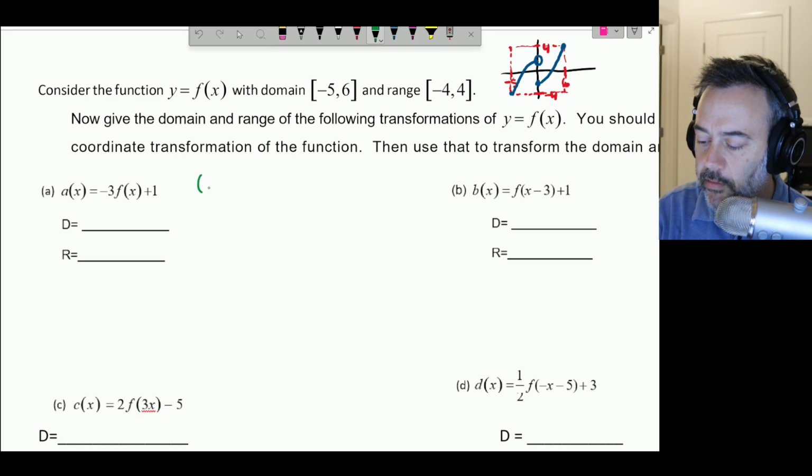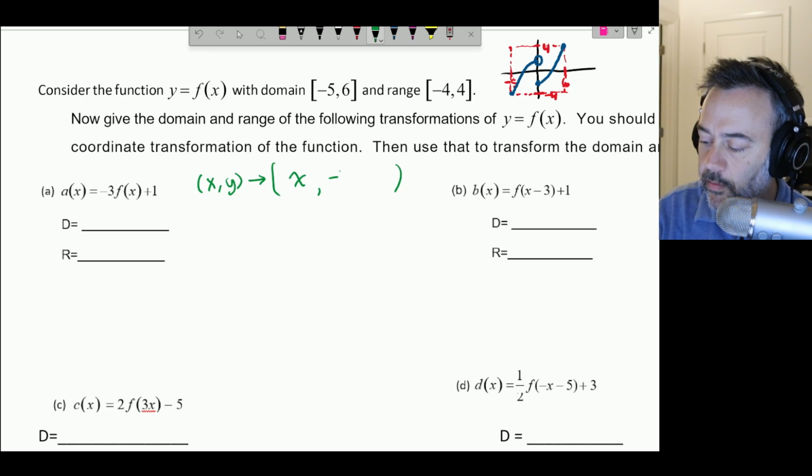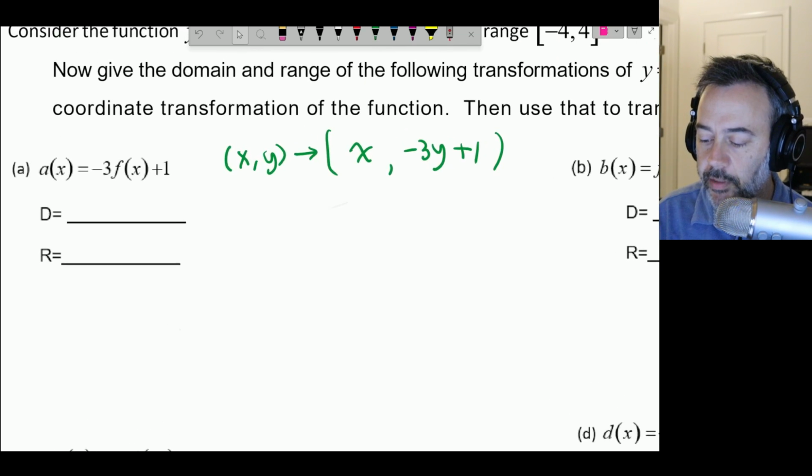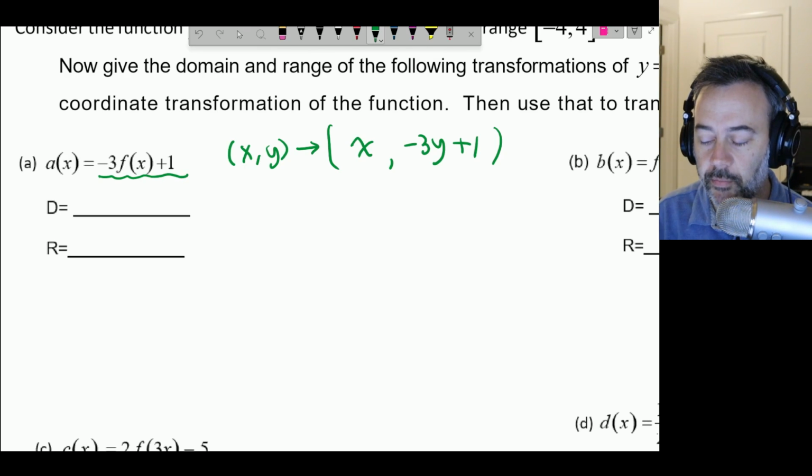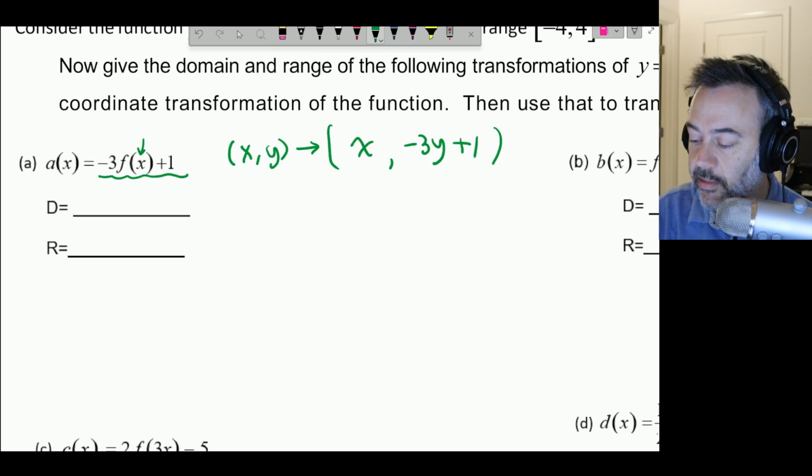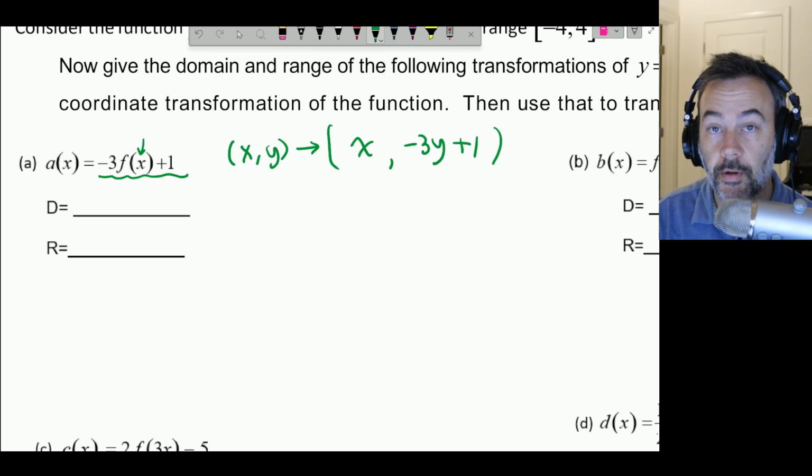We write down how f of x is transformed into g of x. So I've written down the coordinate transformation that corresponds with this transformation. Of course, the x is not being transformed at all on the inside, so that's why x just maps to x. X doesn't change. And y maps to -3y plus 1.